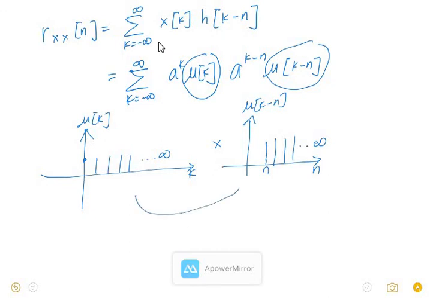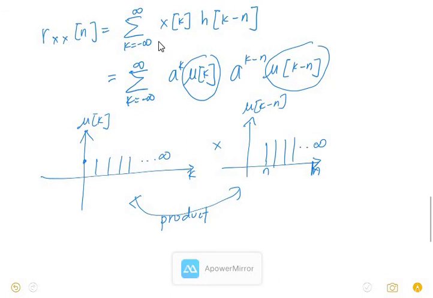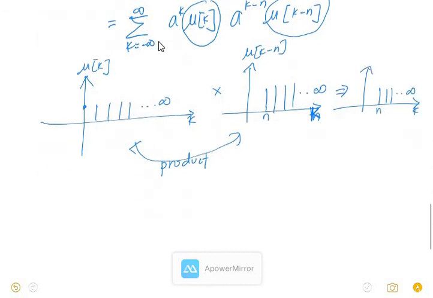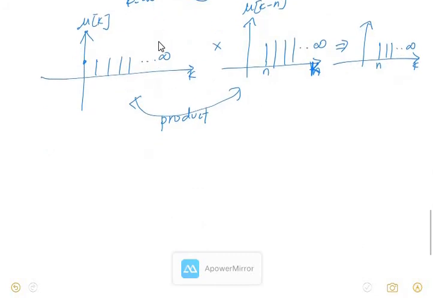When you take the product of these two signals, the signal will be from n to infinity. So this is the limits of the graph.